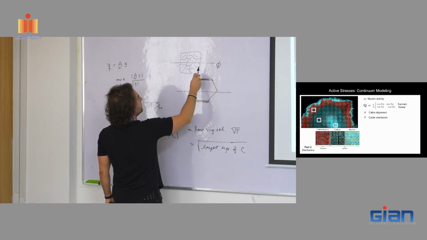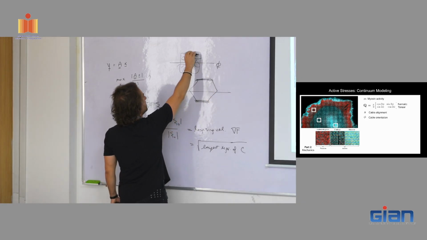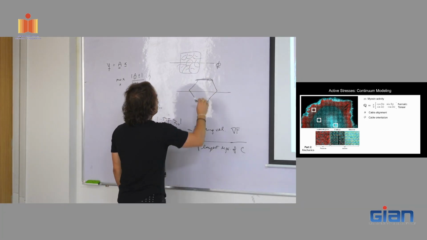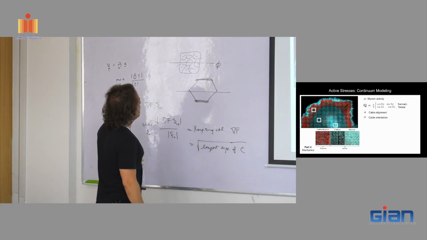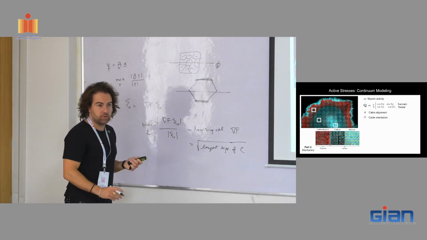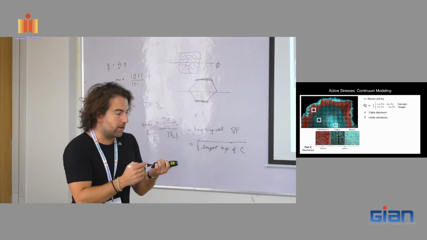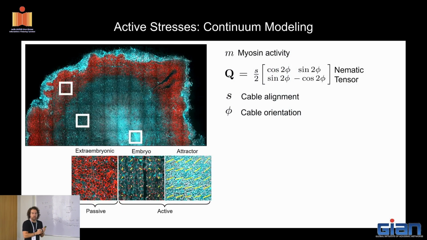But if S is equal to 1, the orientation of myosin in each single cell is aligned with the mean. So all the cells are contracting myosin in the same direction.